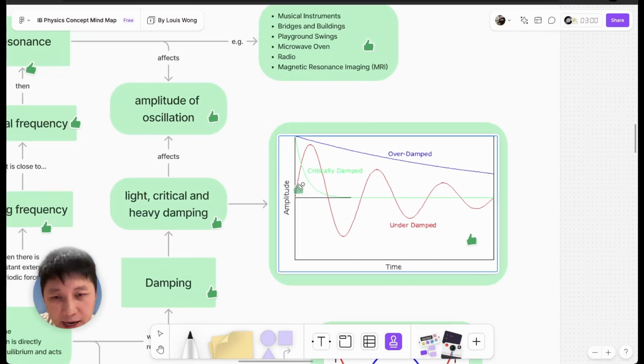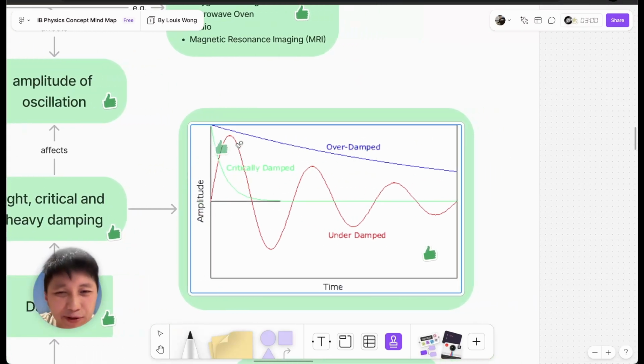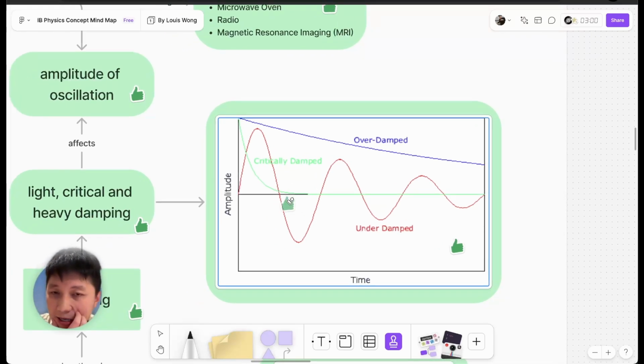For under damping, basically you can see the amplitude decrease, but it takes a really long time to decrease. Over damping means that it doesn't really oscillate anymore, but the amplitude still decreases super slowly. While critical damping is the quickest way. It doesn't oscillate, and it gets the shortest time to stop.